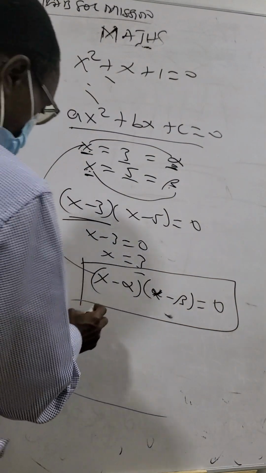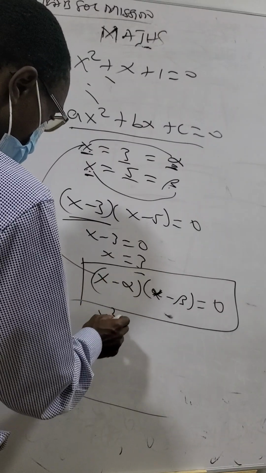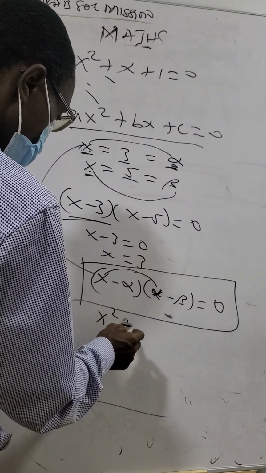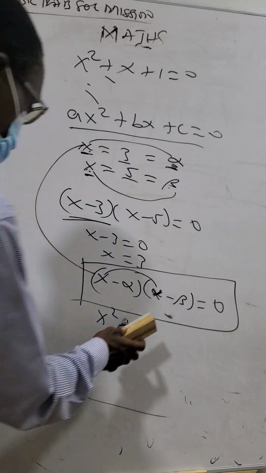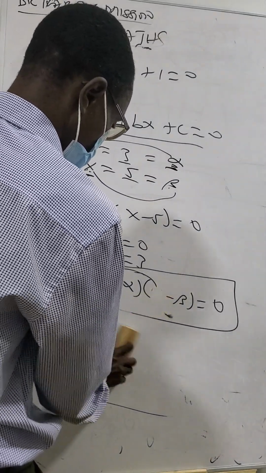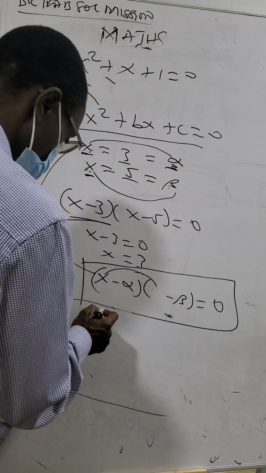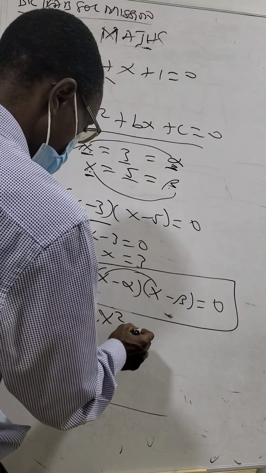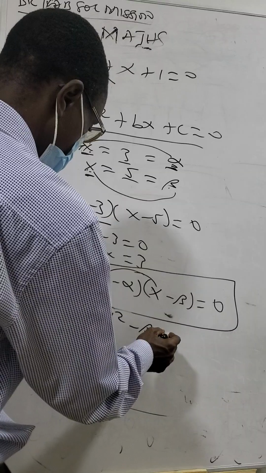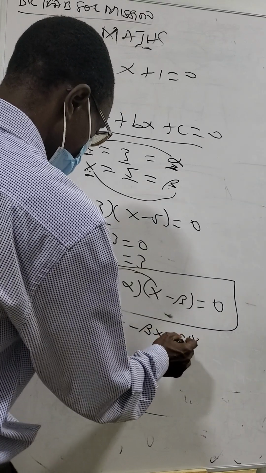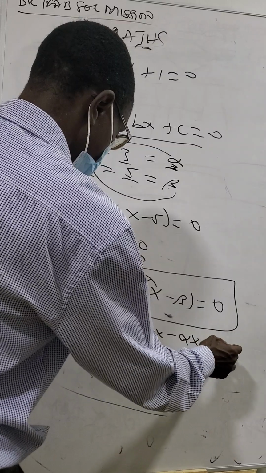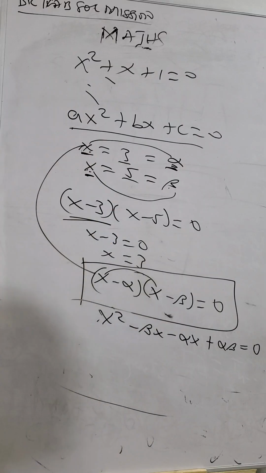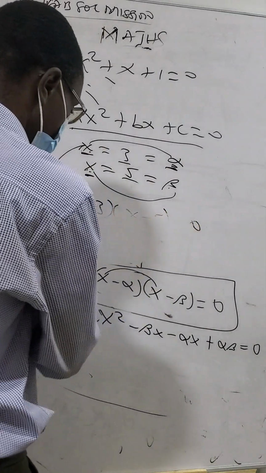So from this expression, if we expand, we are going to get x squared, this is multiplying that x, x squared, minus alpha x, this becomes minus beta x, and this becomes plus alpha beta is equal to 0. Right, now let me bring the top so that I can write this one well.